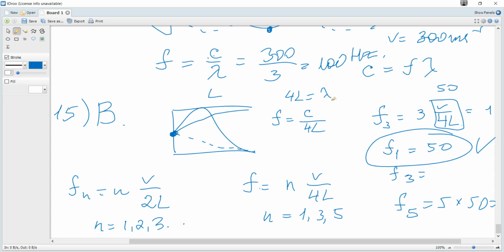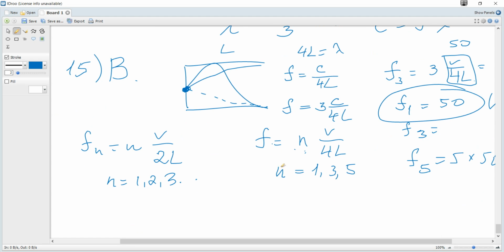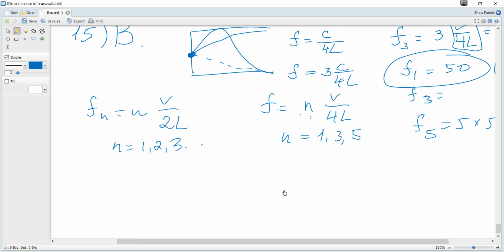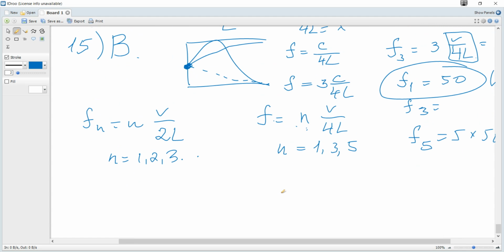Then you can deduce just from a picture that lambda is 4 over 3 of L, and hence the next possible harmonic becomes 3c over 4L, and then 5, and so on. So the general formula becomes like this. You may just remember the formulas. They are not given in a data booklet.